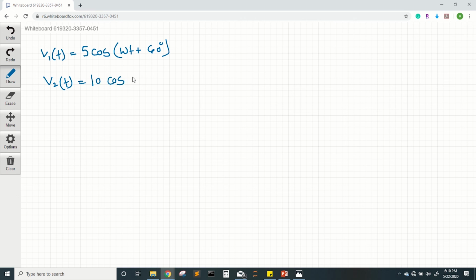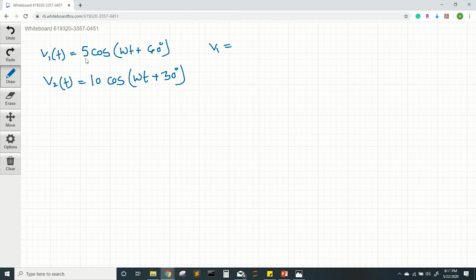I'm taking this for easy calculation, and I'm not taking any negative angle to avoid any complication. This is the given phasor, and I'm going to convert it to polar form.